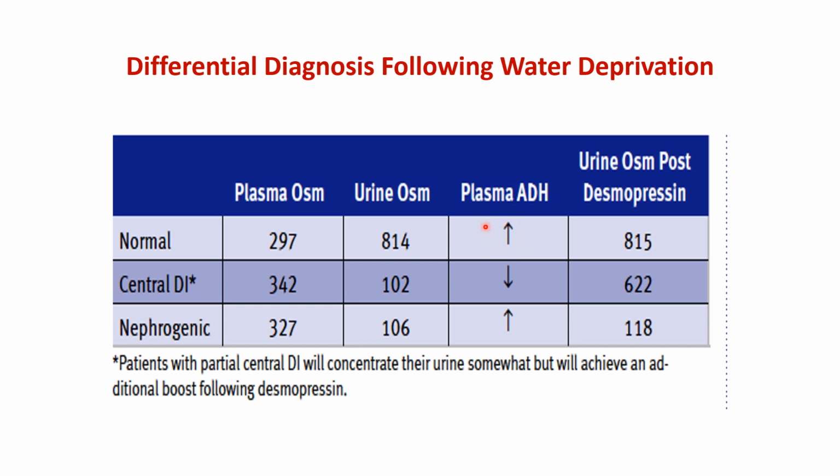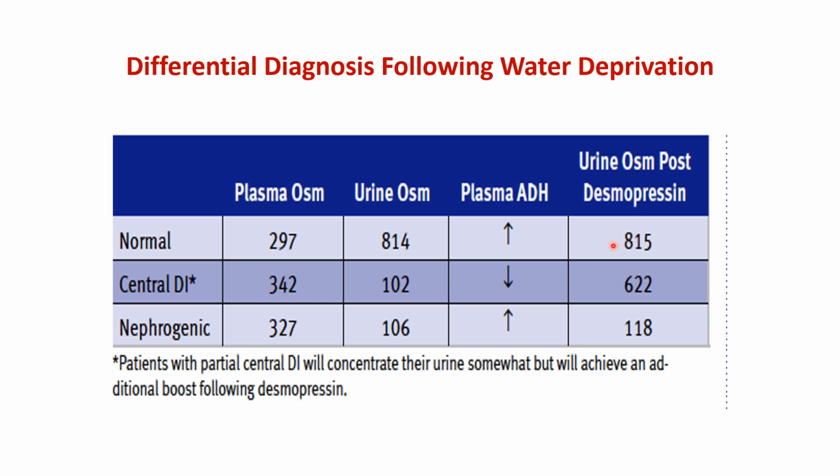We have ADH after fluid restriction in a normal person, because fluid restriction will cause an increase in osmolarity, and as a result ADH will be increased and the urine osmolarity will be more or less maximum here. And now if you give desmopressin, which is an ADH analog, the osmolarity is not going to change anyway, because he already has ADH.